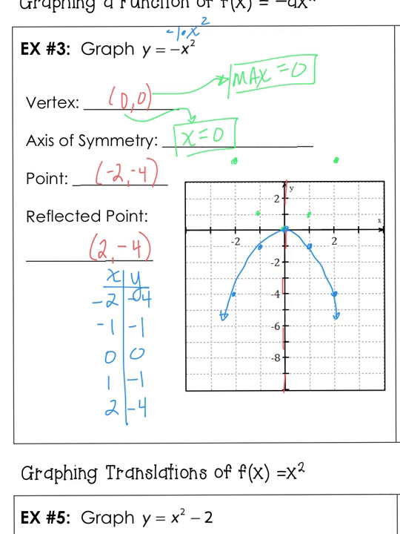So let's talk about that this time. Your domain, as I said, doesn't change: negative infinity to positive infinity. The x value is not restricted. But the range, starting from low to high, because we go up and down, the lowest value, since this keeps continuing down, I'll never get to, so it's negative infinity. The highest y value is right here at 0.